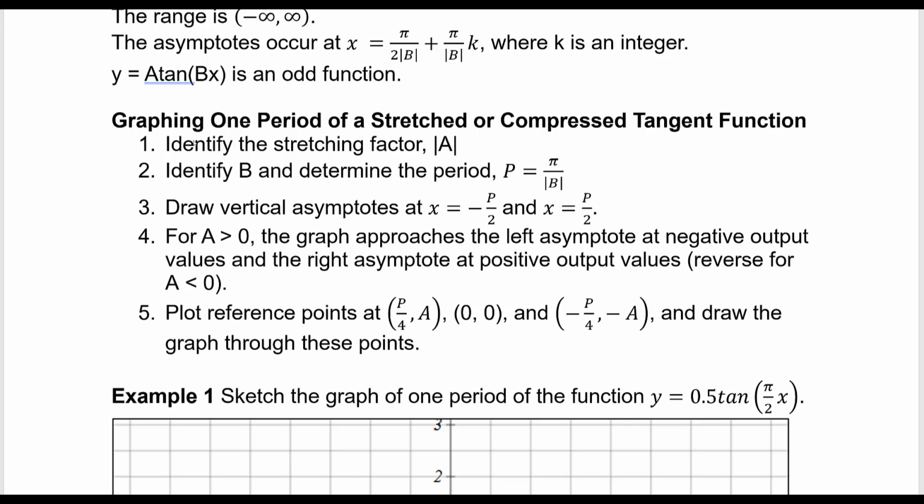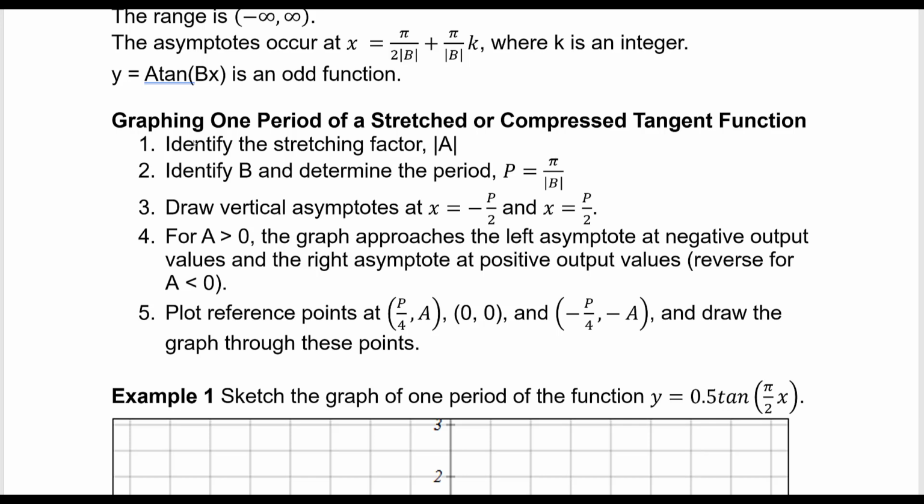So identify the stretching factor, the absolute value of a. Identify b and determine the period, p equals pi over absolute value of b. Draw vertical asymptotes at negative p over 2 and positive p over 2.